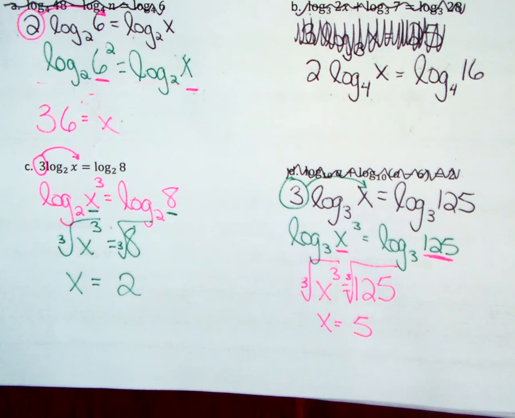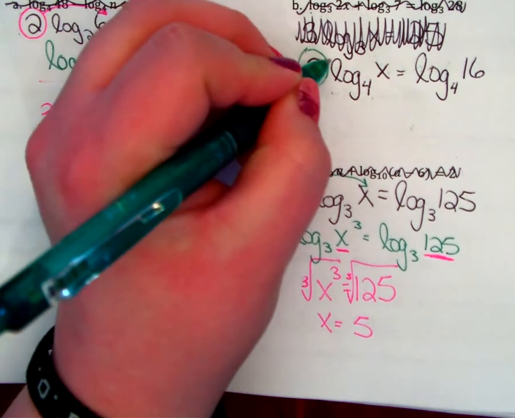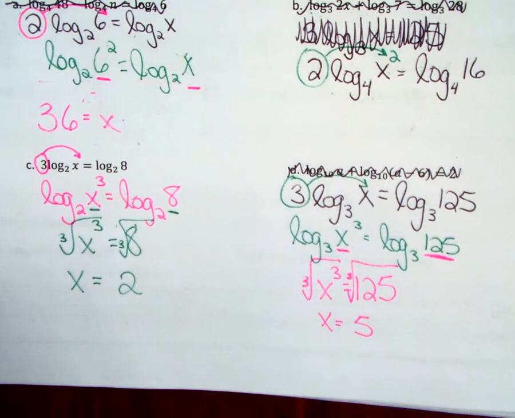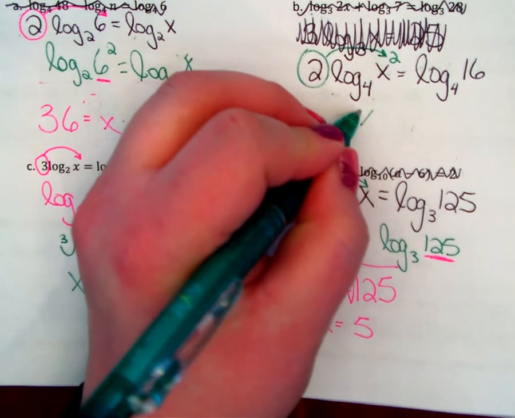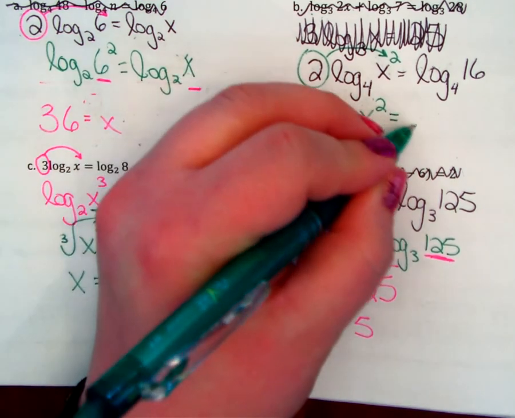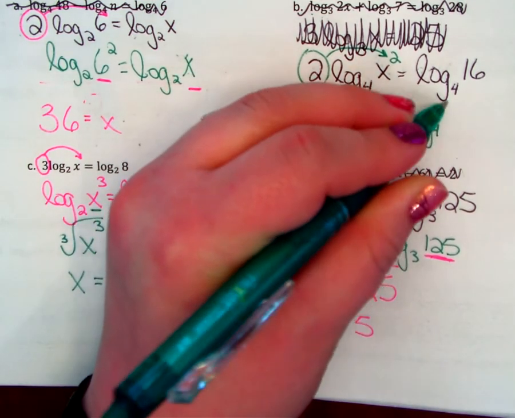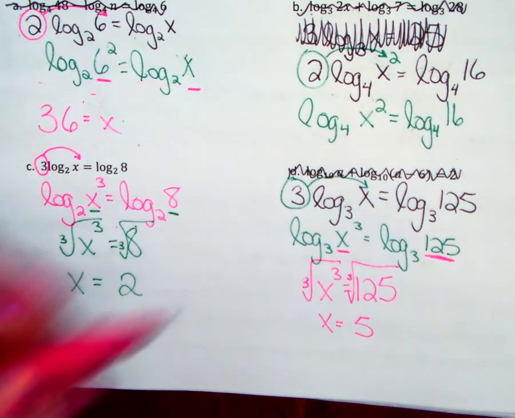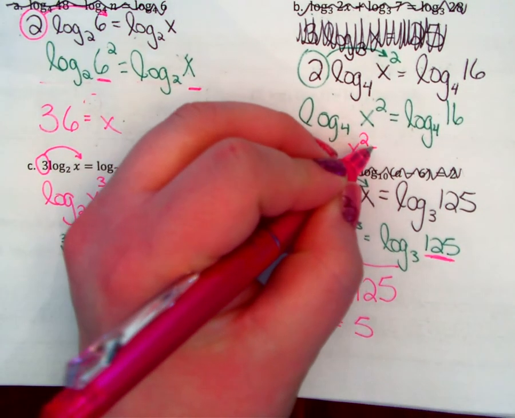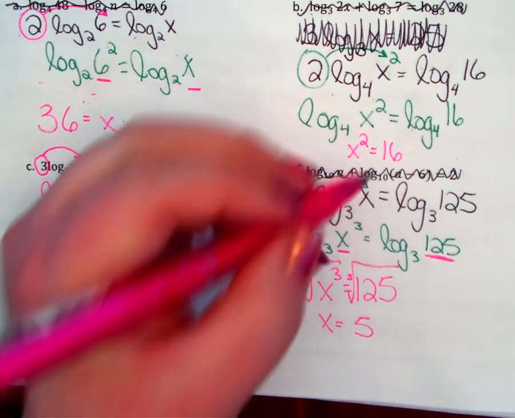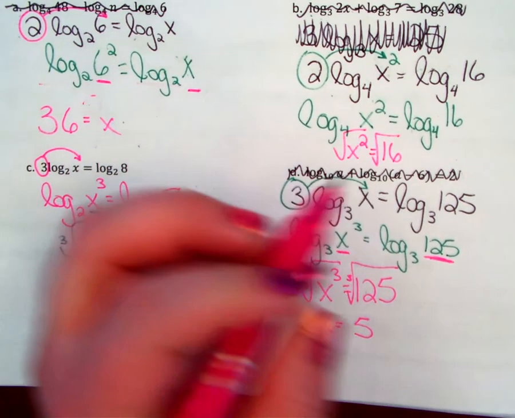That 2 in front is what's preventing me from just setting x equal to 16. I need to take that 2 and move it to be the exponent. So I have log base 4 of x squared equals log base 4 of 16. So now that the logs are alone, I have x squared equals 16. Square root both sides.